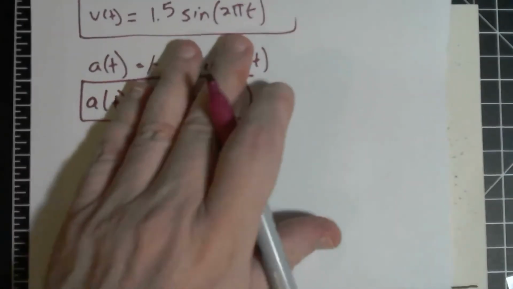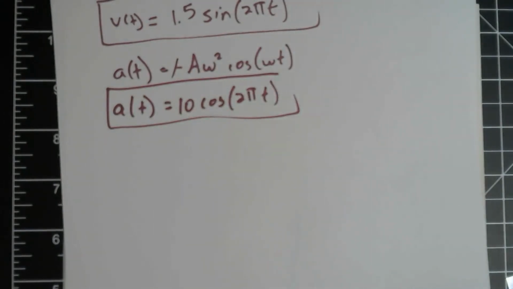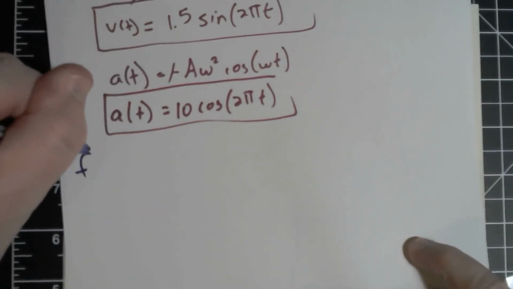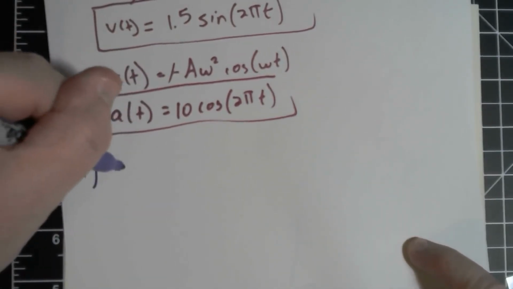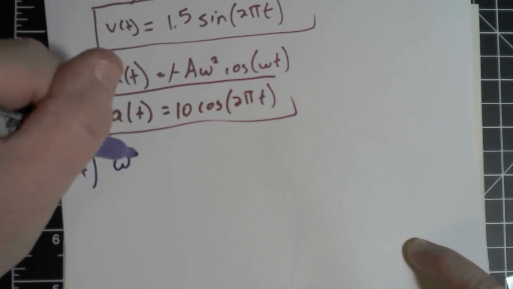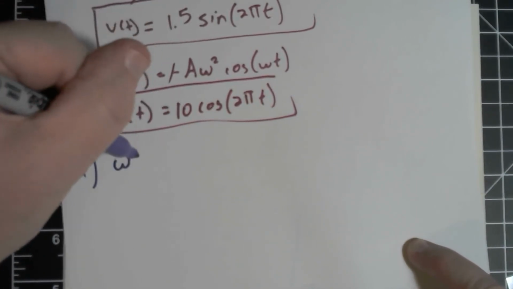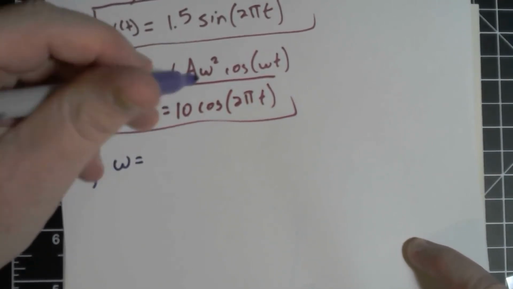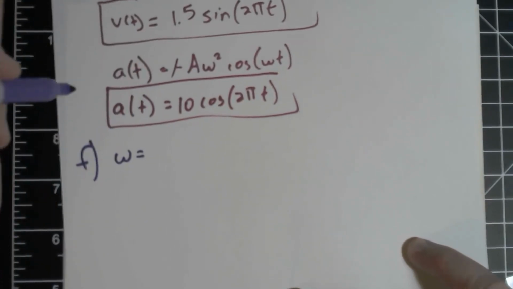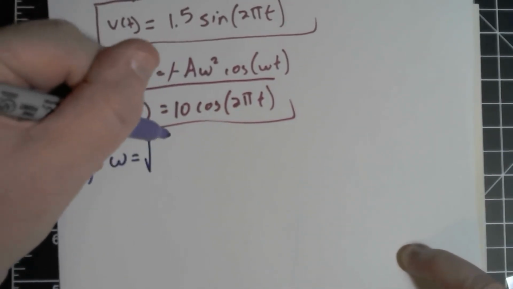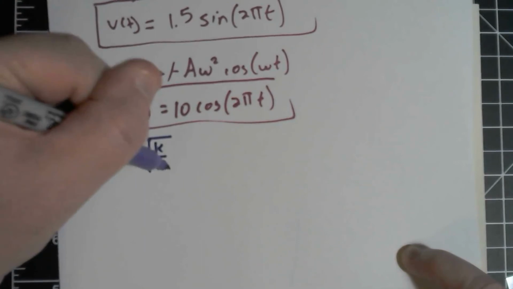And then lastly, part F says determine the spring constant of the original spring. Guys, there's many different ways to do this. I'll just choose one. For a spring mass system that obeys simple harmonic motion, my angular frequency omega is the square root of k over m.